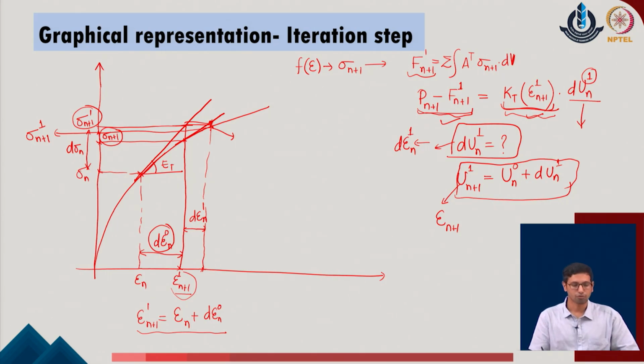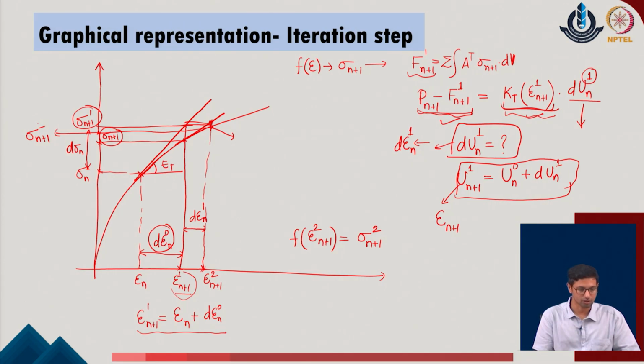Once we have obtained this value, we can again calculate corresponding to it the new correction in the system. So, based upon that we evaluate first the epsilon of n plus 1 with the second iteration, and with respect to this value we obtain the corresponding value of the stress, sigma n plus 1, which we also call 2, because this is the value of the second iteration, and this is the first iteration.